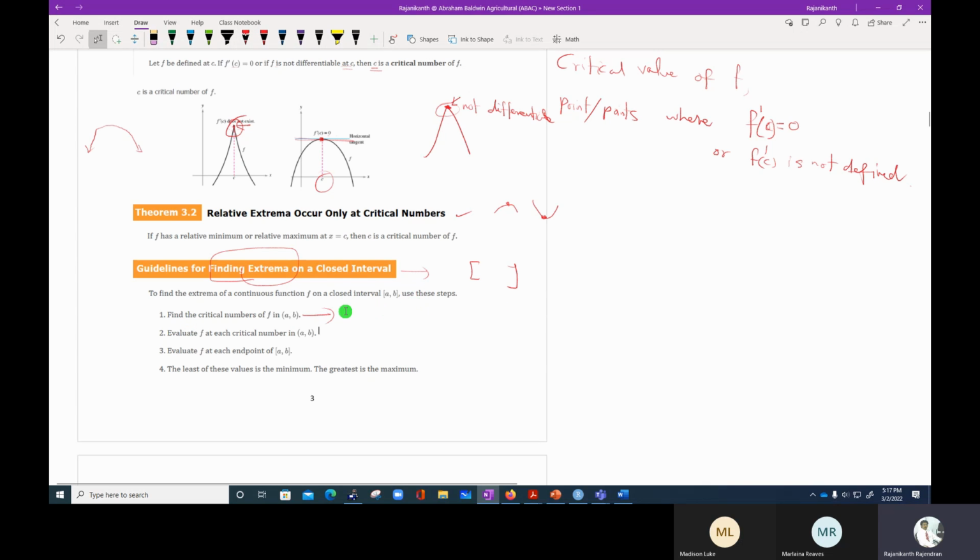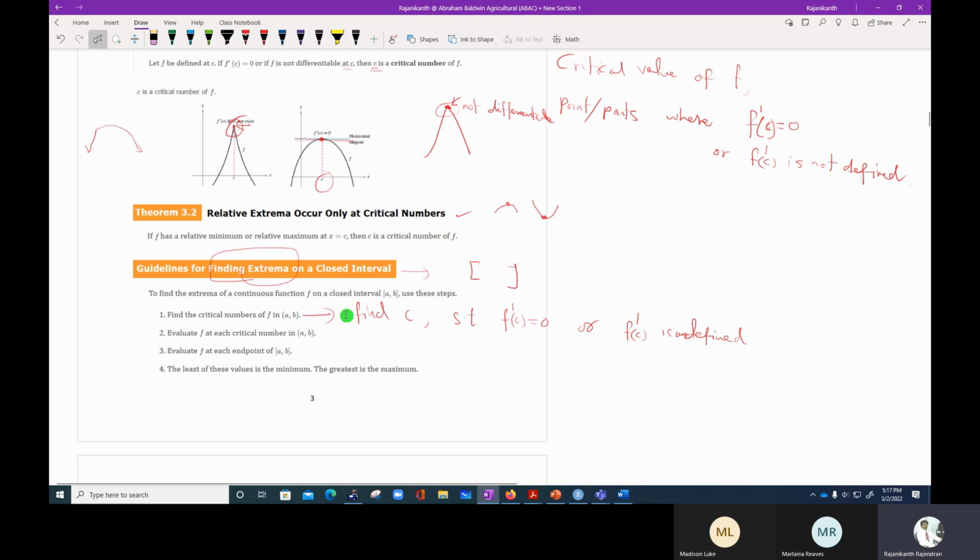Look for the points where the function has slope 0. Find point C such that the function has slope 0 at that point, or the function derivative at that point is undefined. Look for these two kinds of points. If you could find such points, those points are going to be critical values.